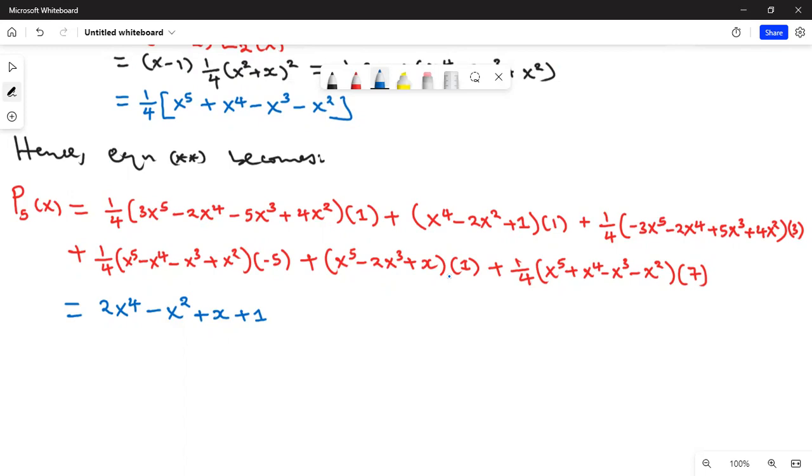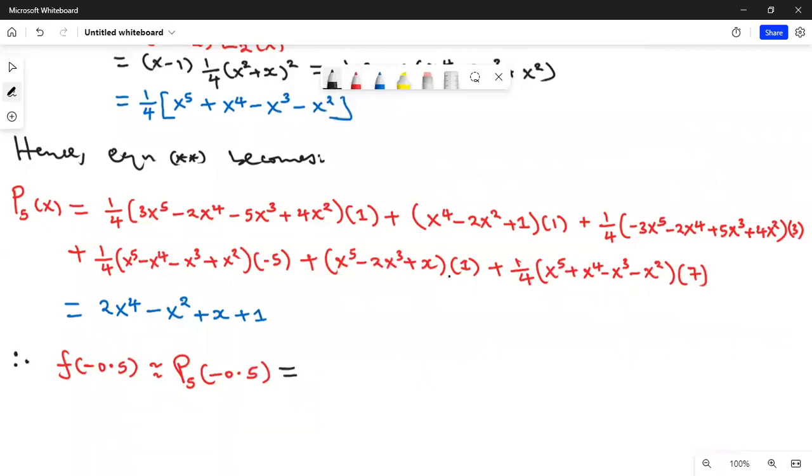So now that we have found the interpolating polynomial, let's now see how to use it to approximate f of negative 0.5 and f of 0.5. So you can just say, therefore, let's start with f of negative 0.5 is approximately equal to P5 of negative 0.5. So we are just substituting the values of x.